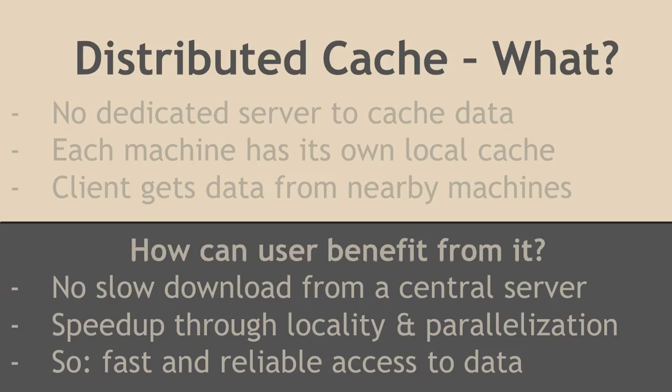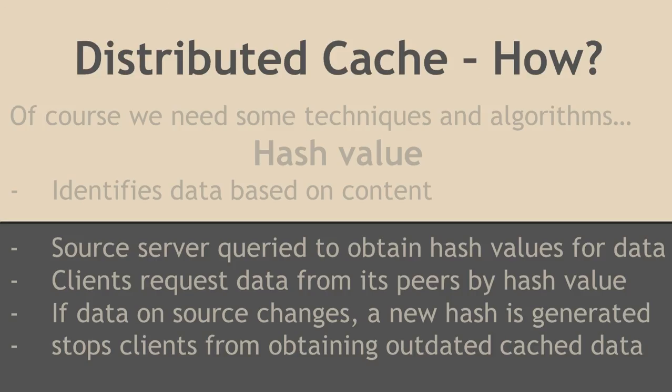Of course, we need some algorithms and techniques to build it. So, first, hash value. It will identify data based on content. Every time a client wants to get data, it will still need to send a request to the server to obtain a hash value, and then it will use this hash value to request data from its peers.